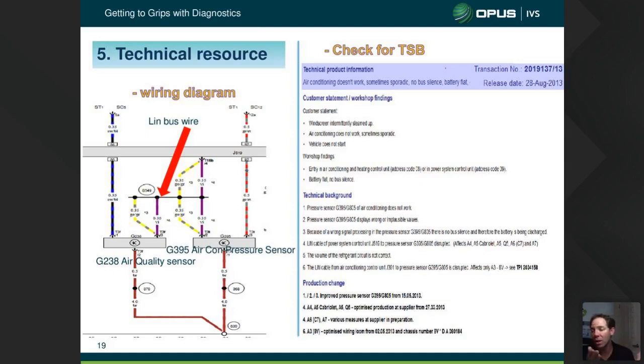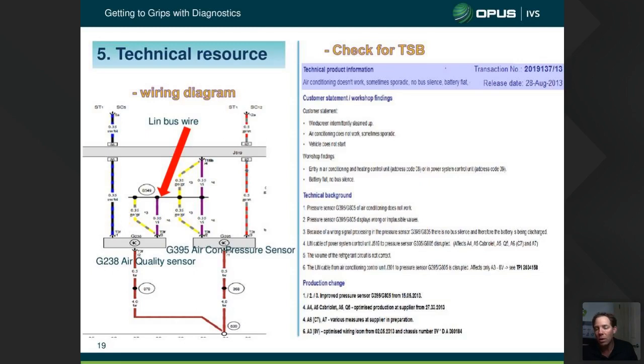Whether you can charge that out or not, I don't know. A lot of the time, the customer's not going to want to pay you to find that broken wire. But if you didn't have access to a technical service bulletin to show you exactly where the break occurs, and you found an open circuit between the two, you could very nearly repair it by just running an external wire through.